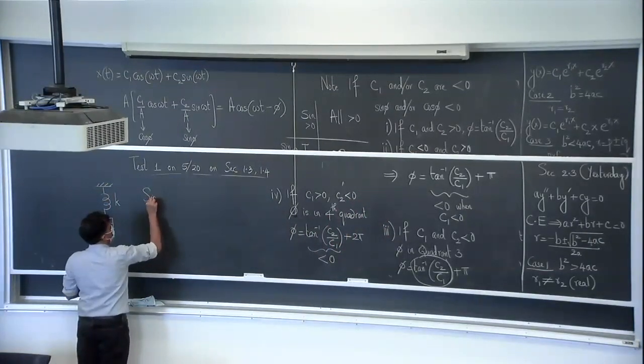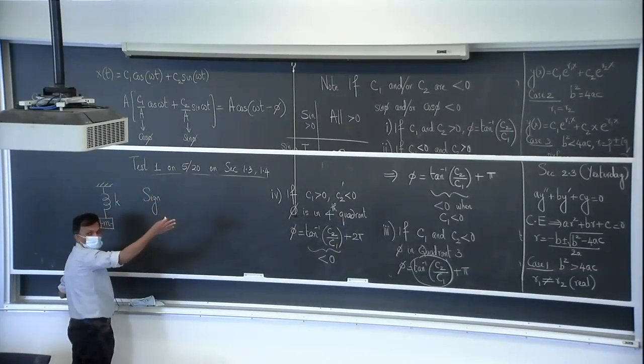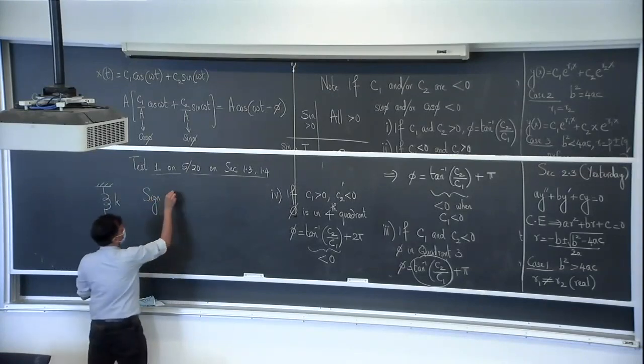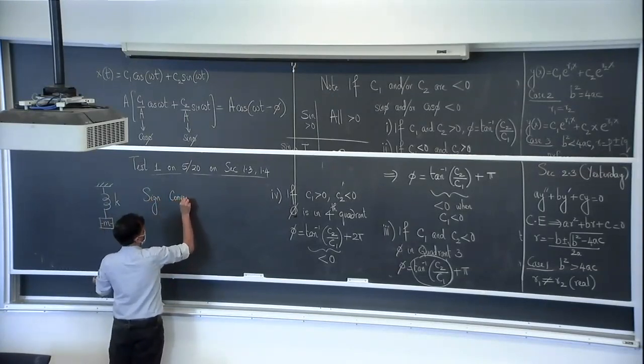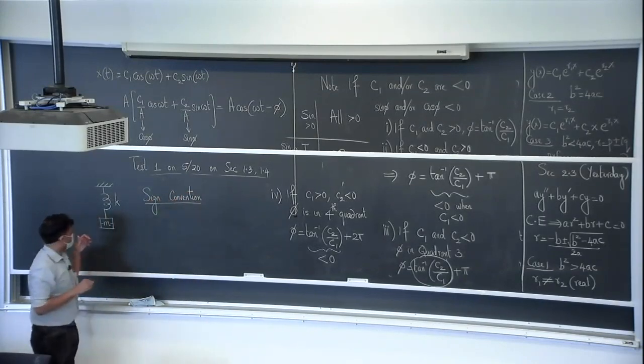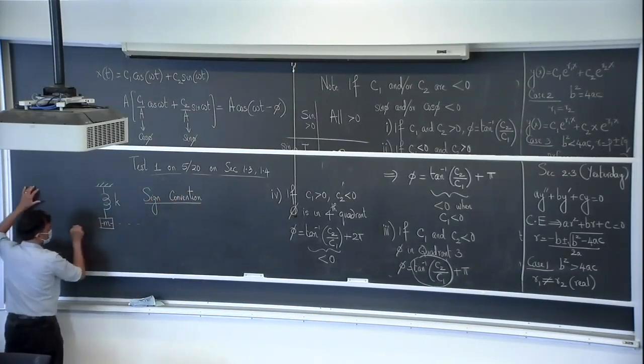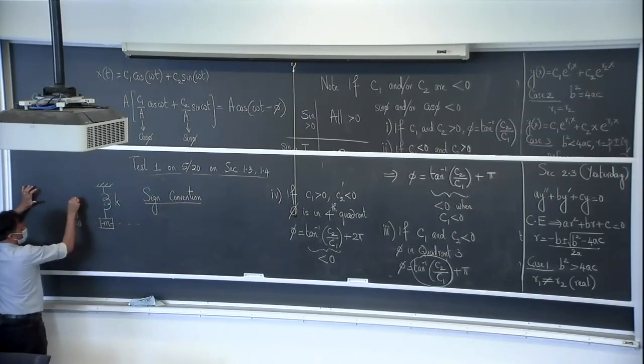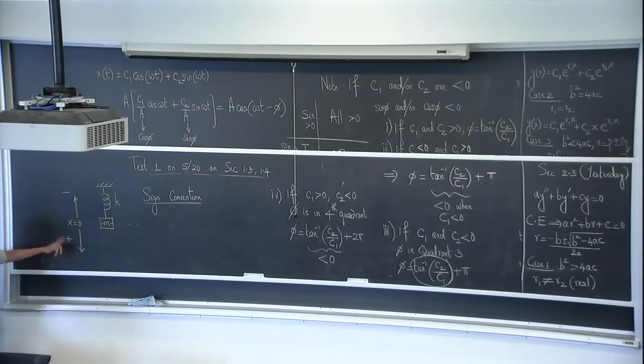This is a small note. Since you're going to focus a lot on C1 and C2, you need to know what it means by saying they are negative. So, sign convention. Remember that this is your equilibrium position. Anything that goes up is negative, down is positive. Towards gravity, away from gravity.